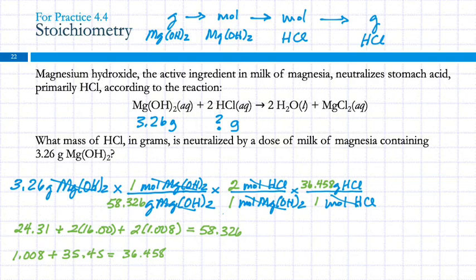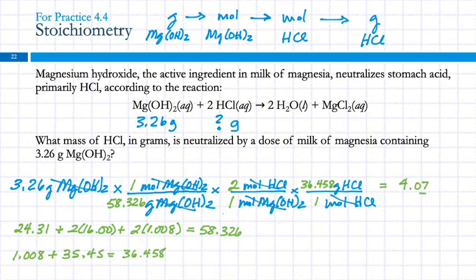And almost always what limits my number of significant figures is the number they gave me in the problem. So the number they gave me has 3 sig figs, and so that's how many my answer will have. 3.26 times 1 divided by 58.326 times 2 divided by 1 times 36.458 divided by 1 equals 4.07.